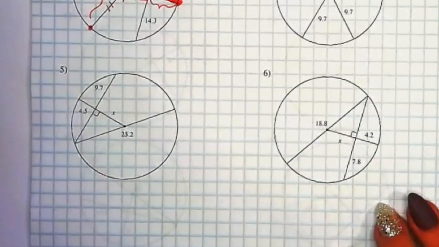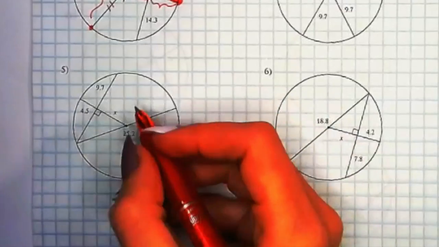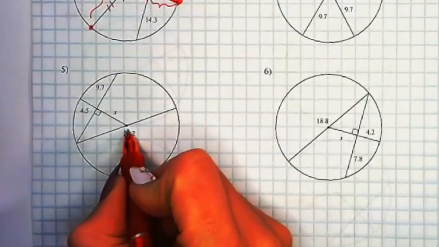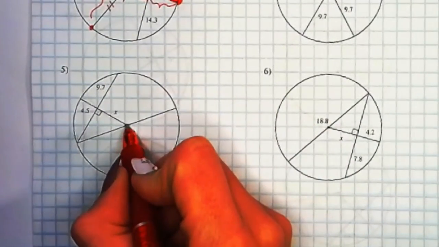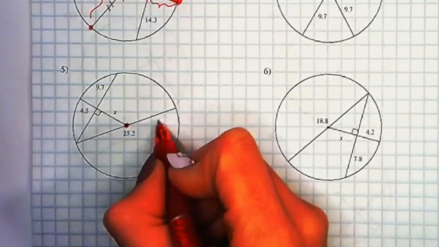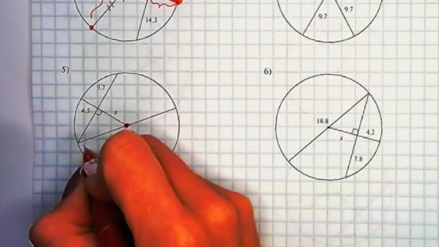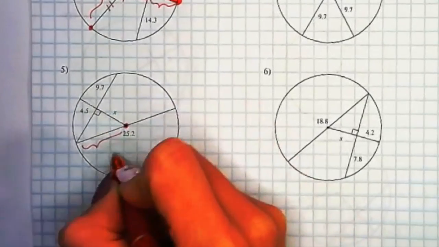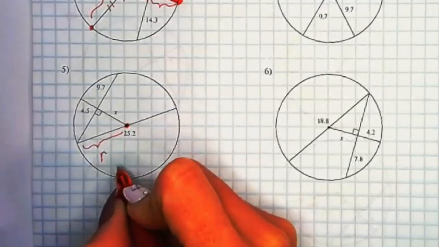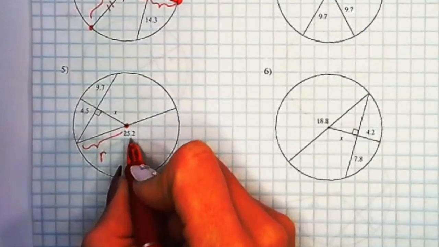Now let's look at number 5. 25.2 again is written right by the center point, so that tells me that's the length of the entire diameter. So that would tell me that the radius is half of that. What's half of 25.2?